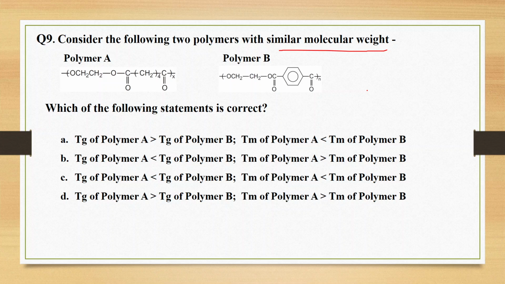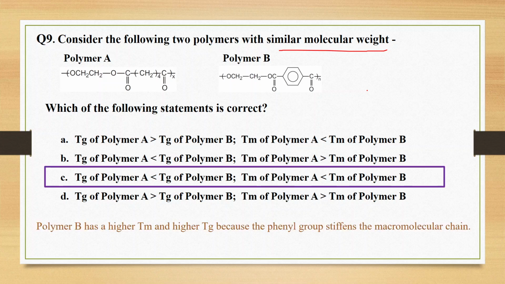Okay, so most of the answers are C, so very good. First of all, the Tg value of polymer B will be much higher than in the case of polymer A. Why? Because you have a phenyl group instead of your CH2 whole 4.